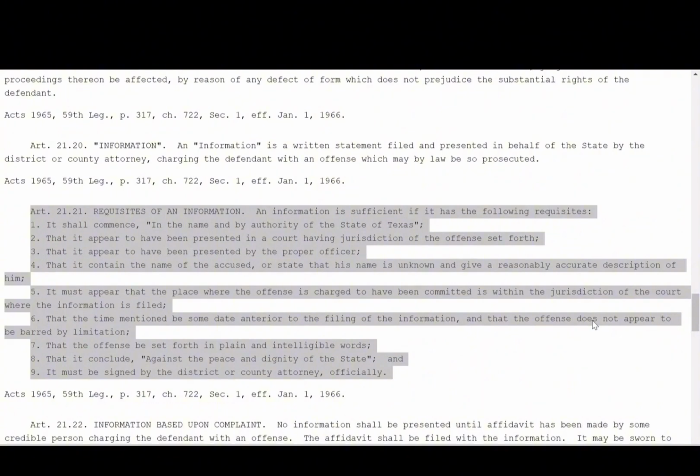The requisites of an information are pretty much the same as a criminal complaint. It shall commence in the name and the authority of the state of Texas, and it's got to conclude against the peace and dignity of the state, and it must be signed by the district or county attorney officially. So that's the kind of difference between a criminal complaint and an information.